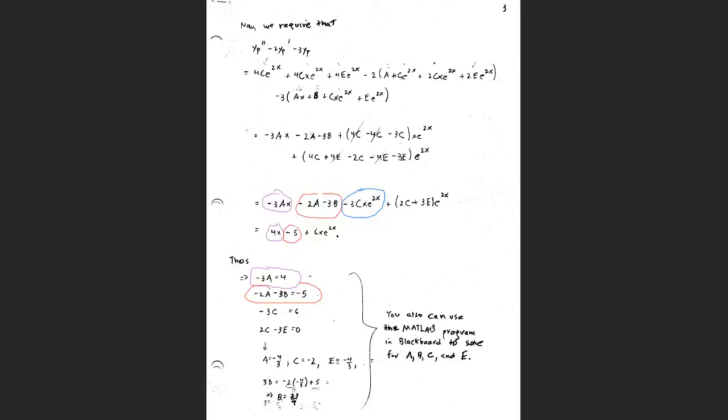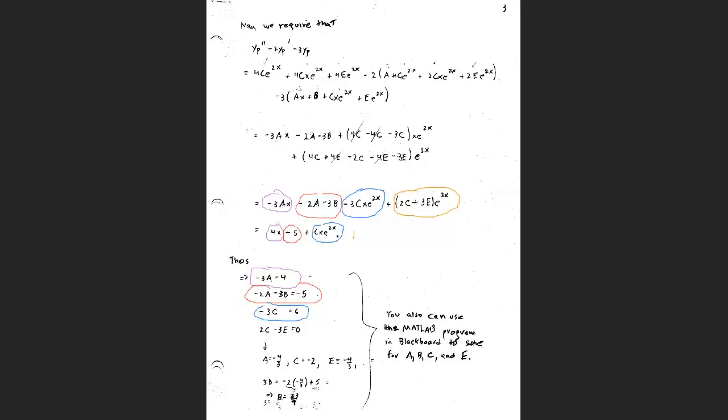And then the negative 3c x times e to the 2x has to equal 6x e to the 2x, and so negative 3c equals 6. And then finally, the 2c plus 3e times e to the 2x.